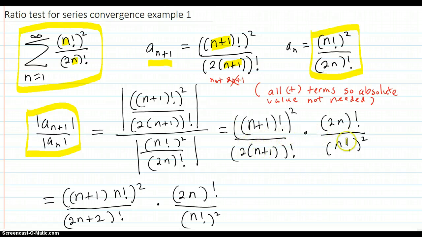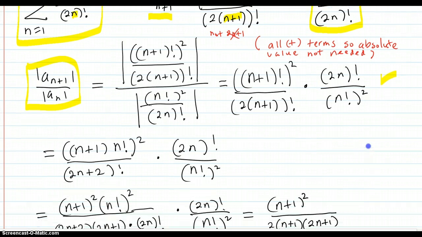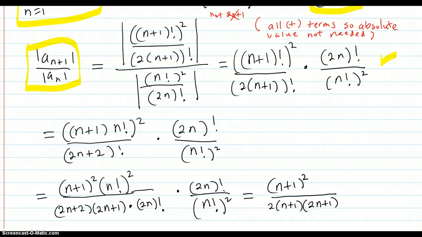So I took the absolute values off. I also inverted the denominator and multiplied by it over here. So it's just multiplication of fractions. Okay, then I knew that I was going to have to cancel out with one of these n factorials.